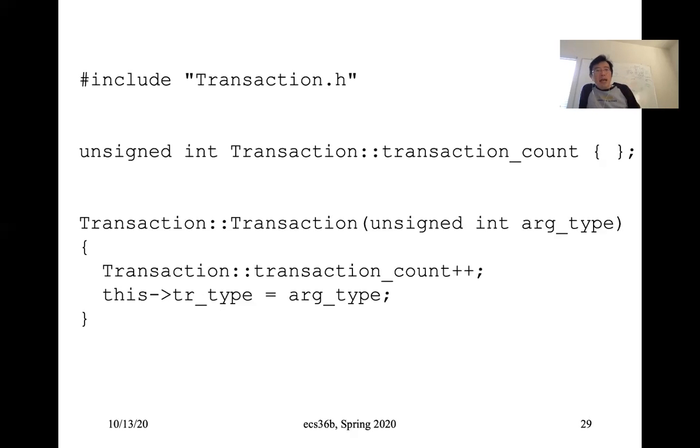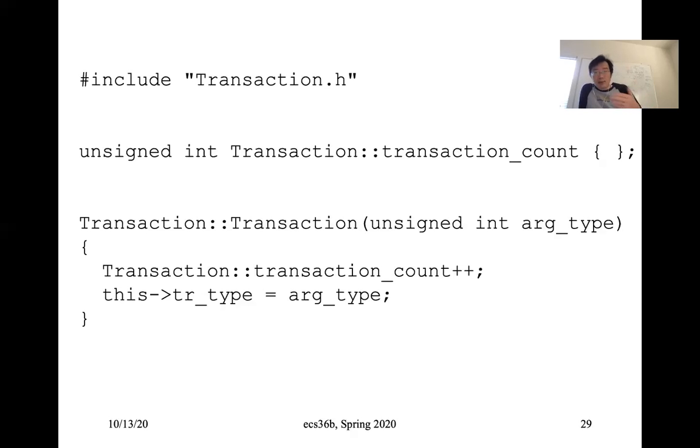And for you to do that, you have to add this line in the transaction.cpp. You cannot add this line in transaction.h, because you can imagine the transaction.h code will be used by other code as well. If you have multiple copies of this line, for those who include transaction.h, this is going to be a linker error because it will link to the wrong place. So you have to add this line in transaction.cpp.